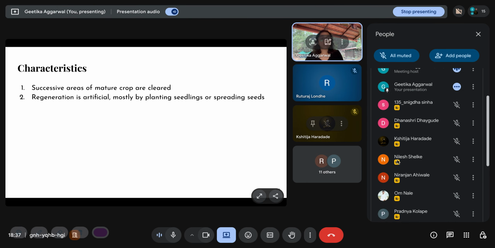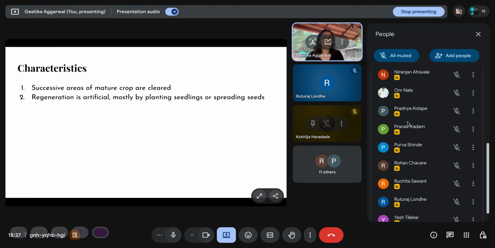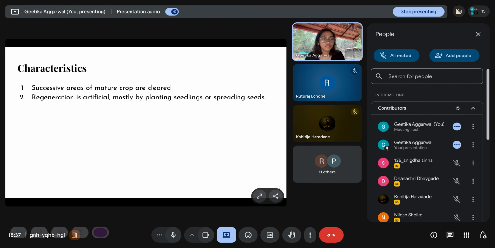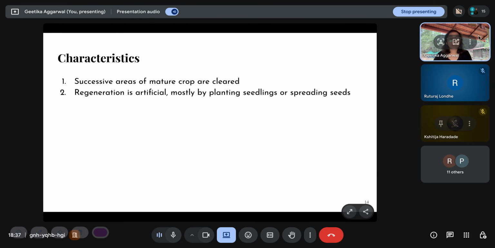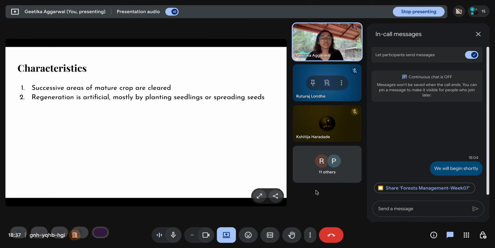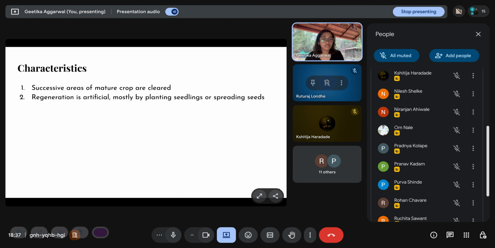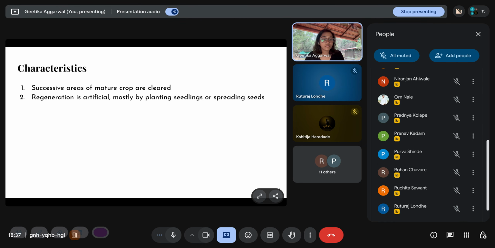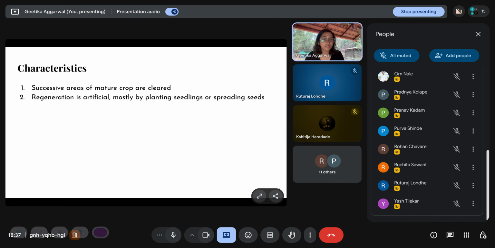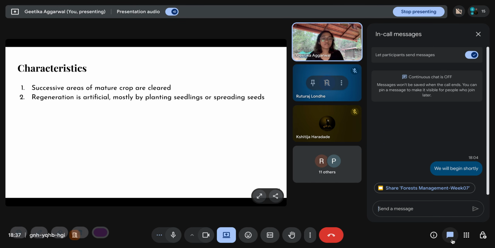Anybody who can tell me, or I will choose maybe some participant to give an answer. You can type out the answers in the chat box, or you can unmute yourself and tell me the answer. Anyone?